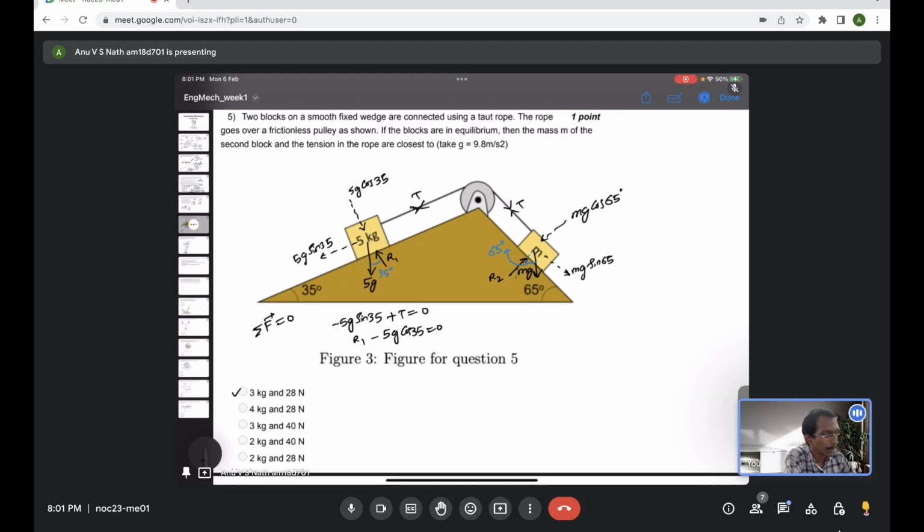So from here we can see T is equal to just 5g sin 35, where g is 9.8. So 5 times 9.8 times sine of 35, which is 28.1 Newton.